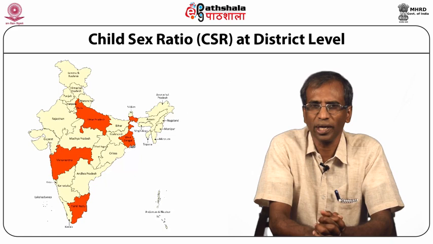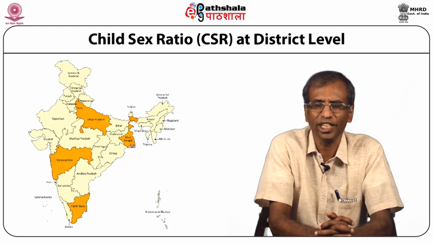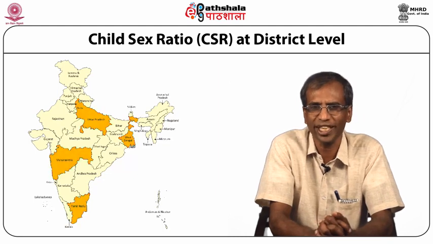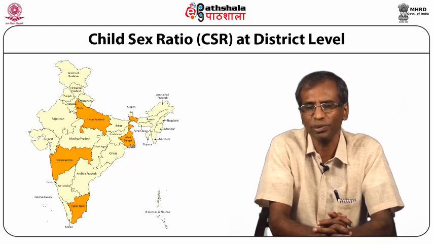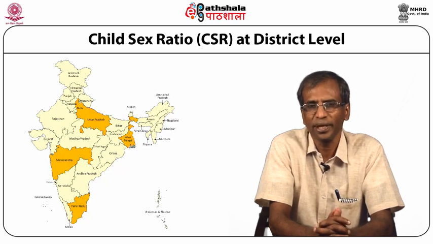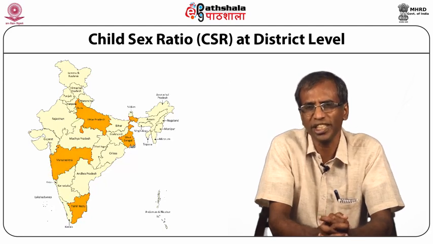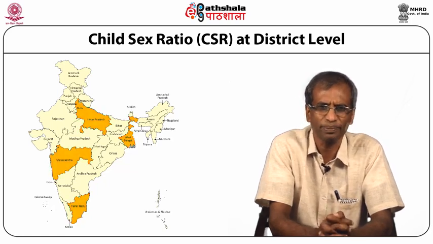Now this is India with the child sex ratios in different colors, and as we have indicated before, child sex ratio indicates the extent of discrimination against girls before birth, at birth, and after birth in the initial years of life.